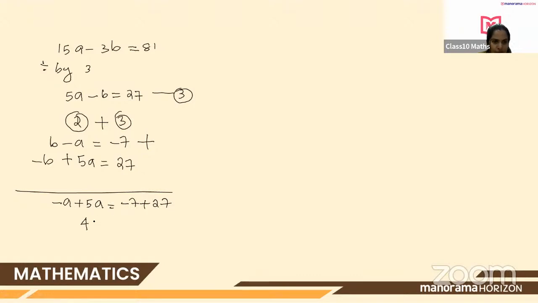So 4a is equal to 20 and a is equal to 20 by 4, which is equal to 5.